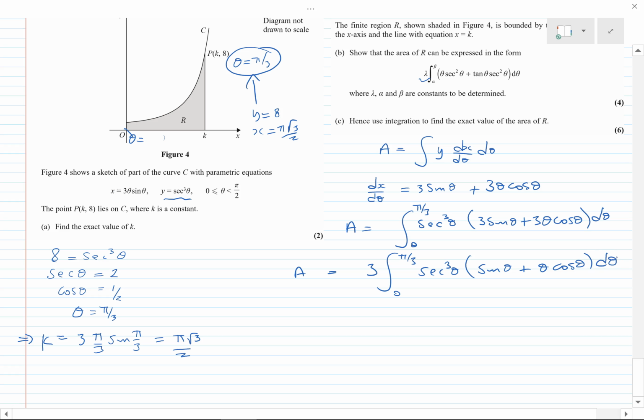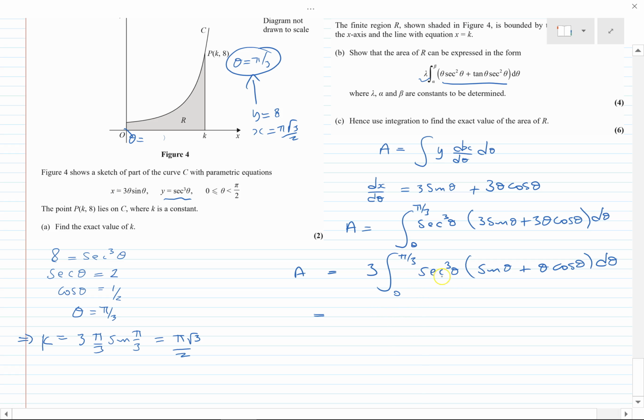Right, okay, so now we're trying to get to this bit. It might not be immediately obvious, and it certainly doesn't appear to be completely obvious. You might see it, but we might not. It's not an obvious use of 1 plus tan squared is sec squared or anything like that.